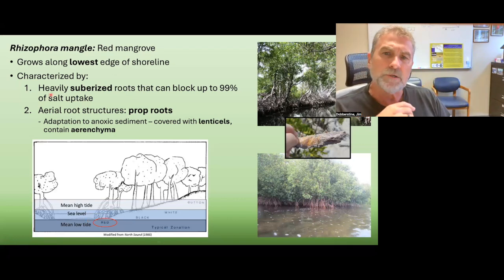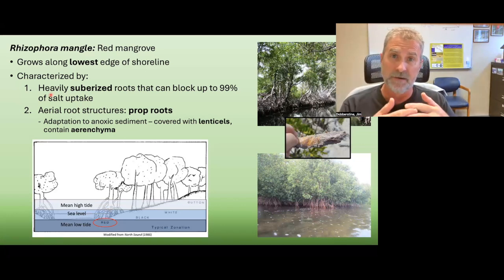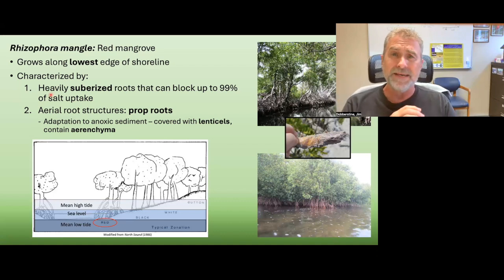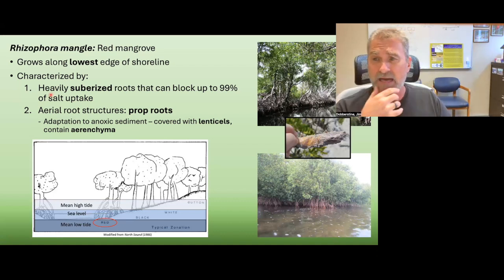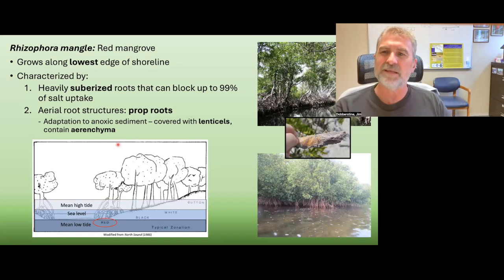So red mangrove is characterized, number one, by heavily suberized roots. You remember suberin, and it can block up to 99% of that salt uptake. The other thing that's very noticeable with red mangrove are its aerial root structures. And again, aerial roots, these prop roots, are an adaptation to anoxic sediments.